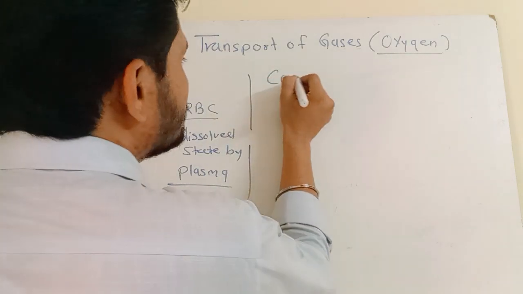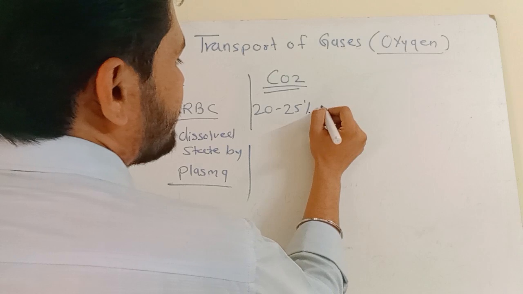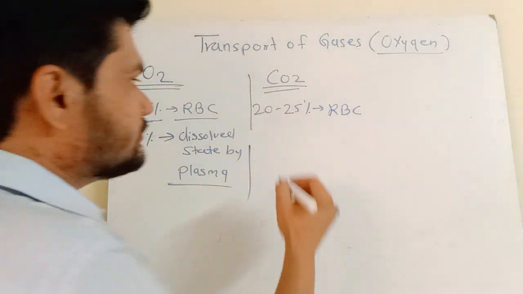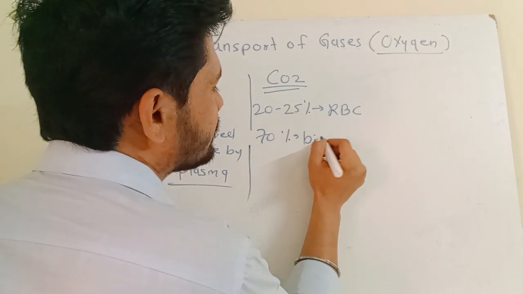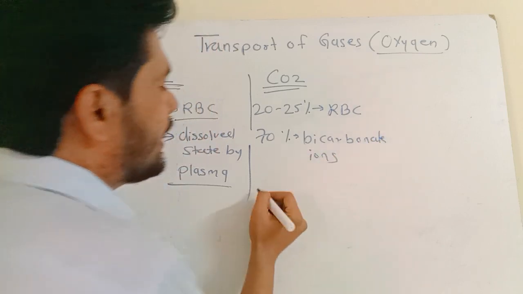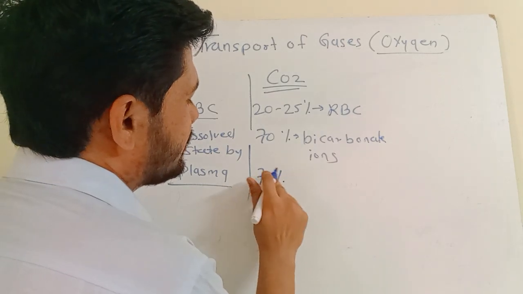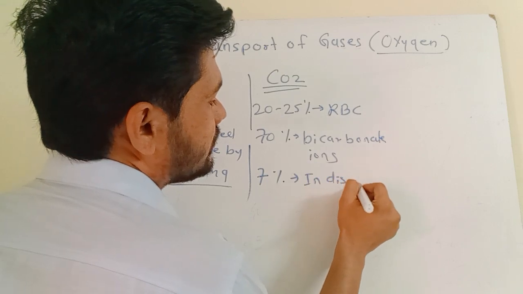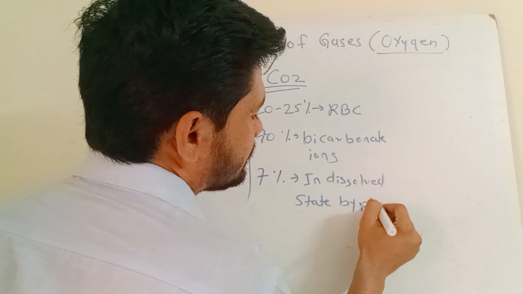Then CO2, about 20 to 25% CO2 will be transported by the RBC. Okay, then 70% will be in the form of bicarbonate ion, and 7% is transported in dissolved state by plasma.